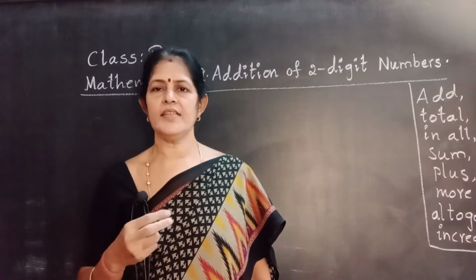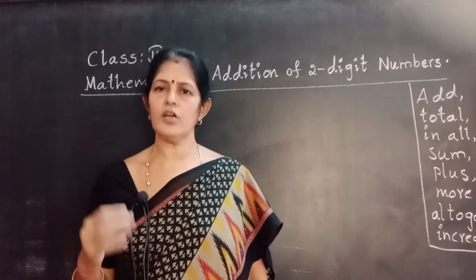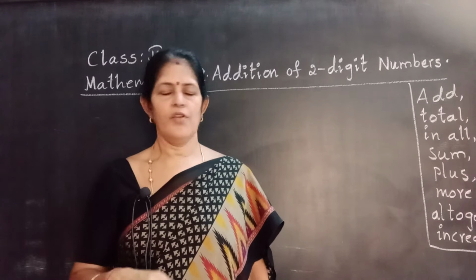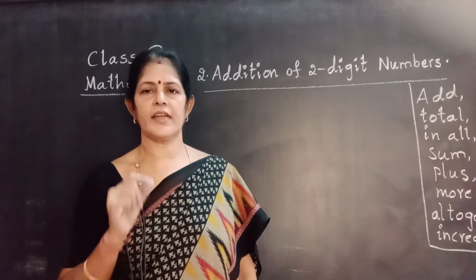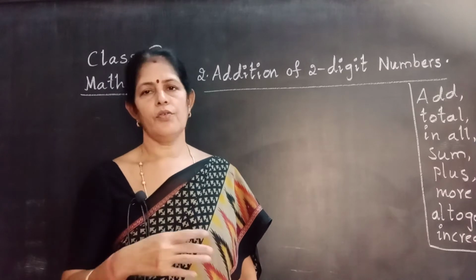Verifying addition means checking whether our answer is correct or wrong. We are going to check once again. First I am going to show the concepts and examples, then go to word problems.